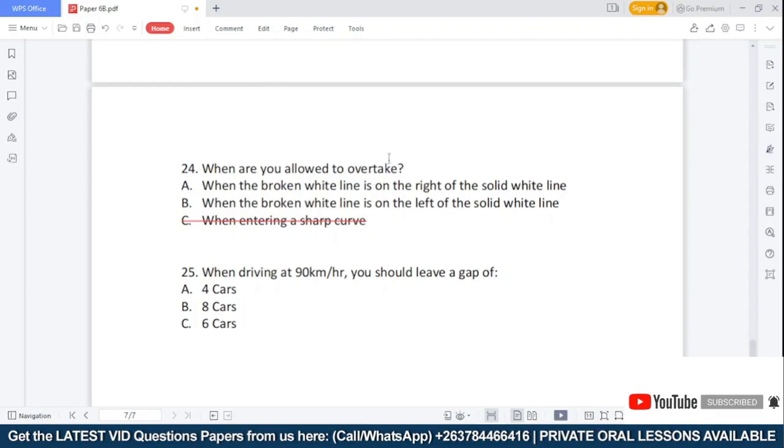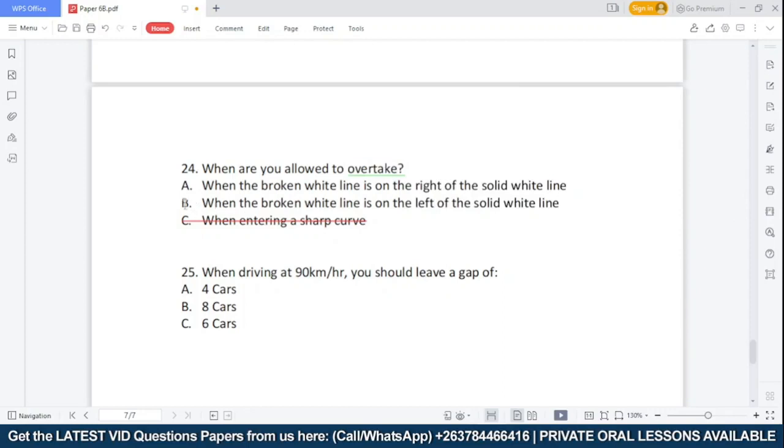If the broken white line is on the left side of the solid line, it means that the broken white line is on our side. Let me repeat that again. If the broken white line is on the left of the solid white line and we are in the left lane, it means that the broken white line is on our side, which means that we are allowed to overtake.